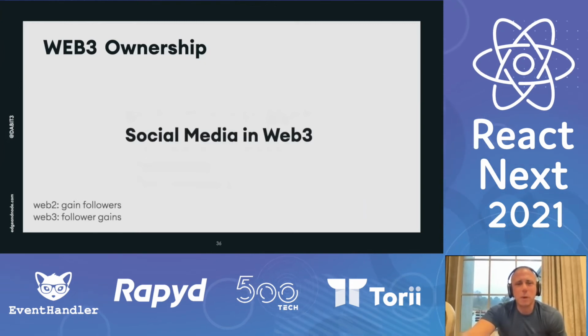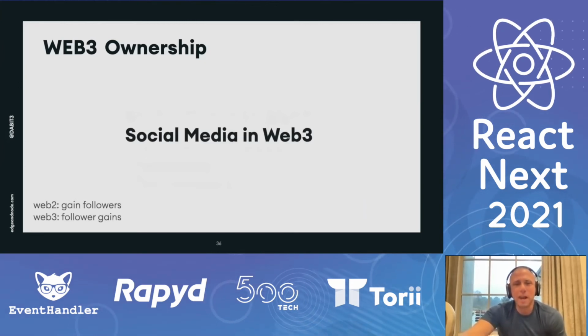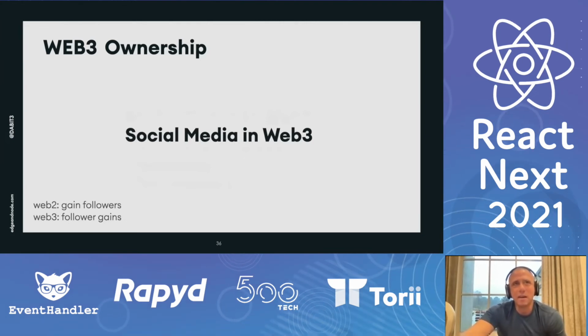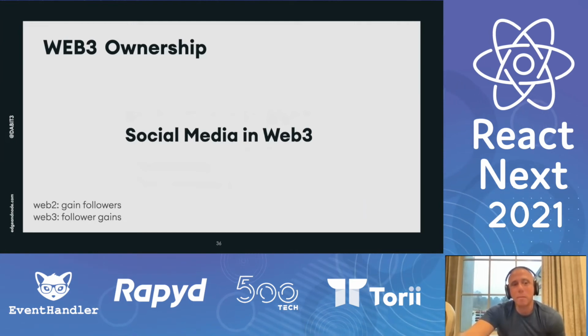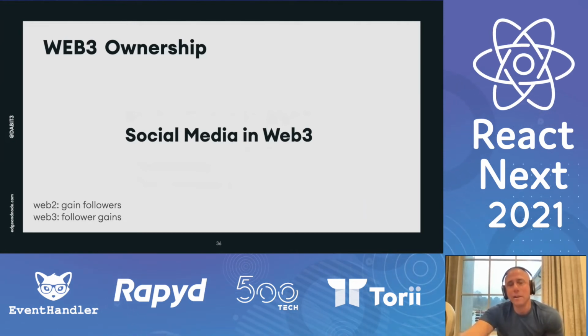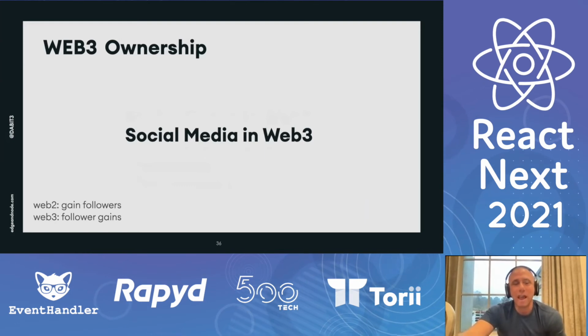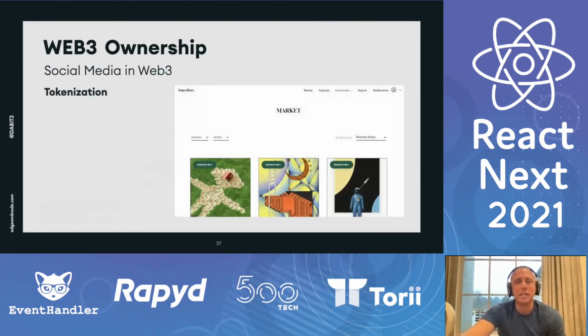So social media in Web3 tries to flip the idea of how we think about incentivizing and paying people that are part of the platform, and moving away from advertising into new ideas that we'll look at that have to do with tokenization.